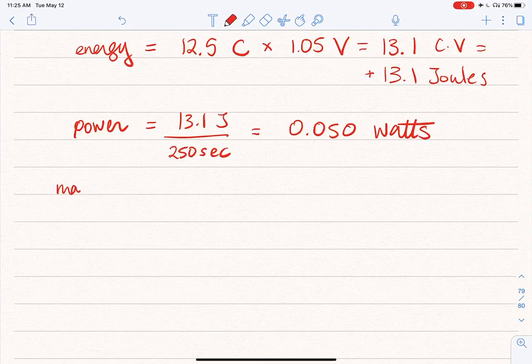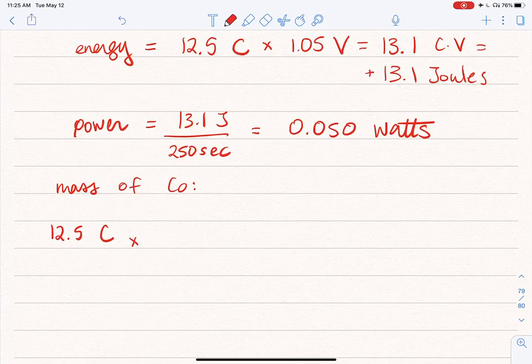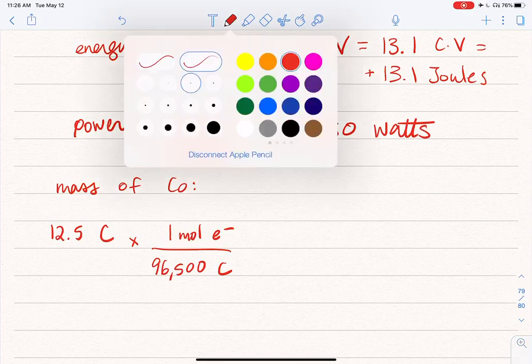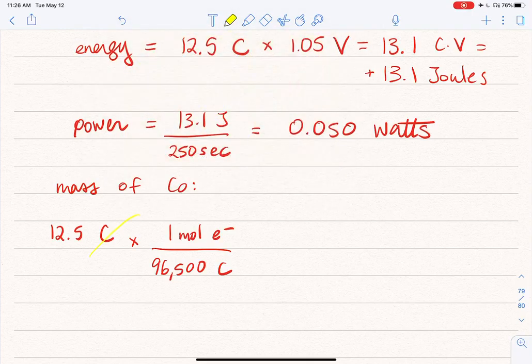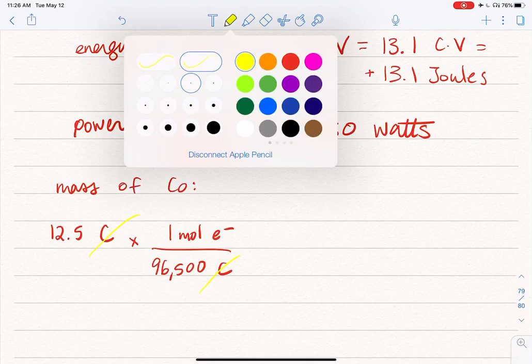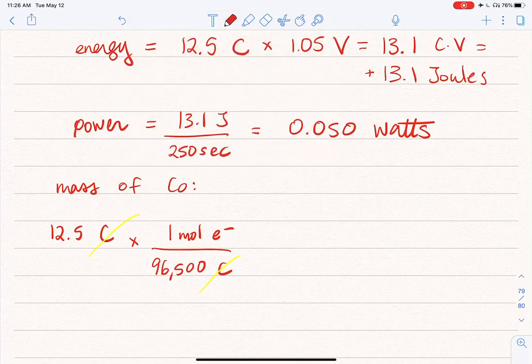So to get the mass of cobalt that's plated out in this electrolytic process, I would take 12.5 coulombs, which is the charge that we calculated, and then take the Faraday constant. I'm going to flip the Faraday constant over, so I'm going to multiply this by its reciprocal. That will basically take that charge and convert it to moles of electrons.